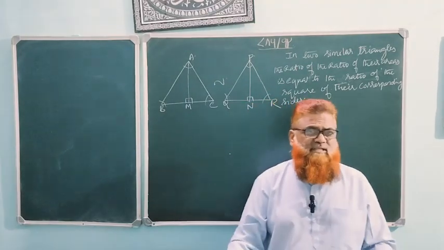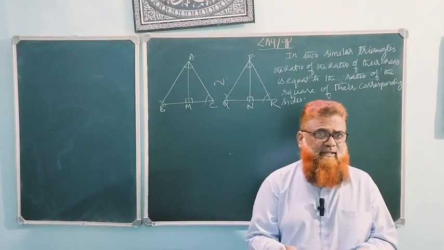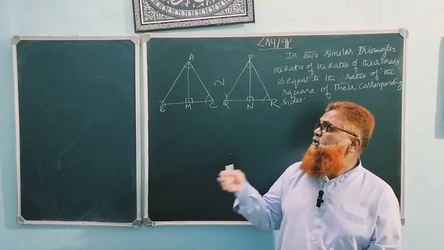Here we need not go for the proof of the condition. It is already given that the triangles are similar. What do we need to prove?